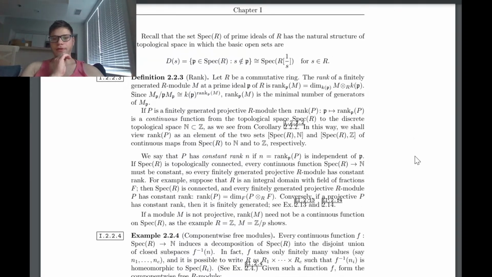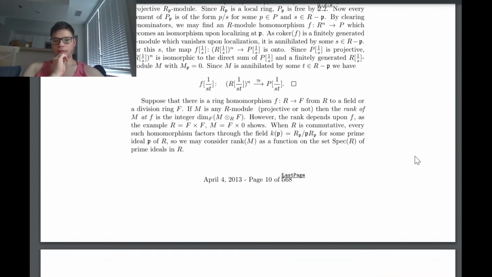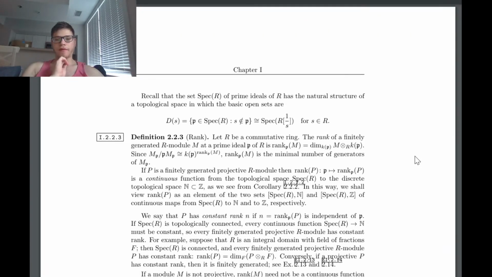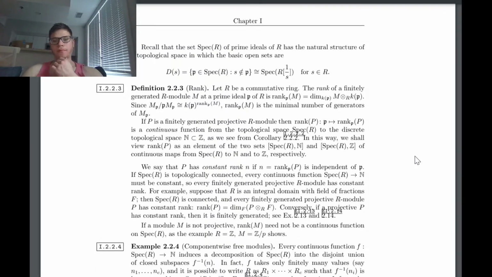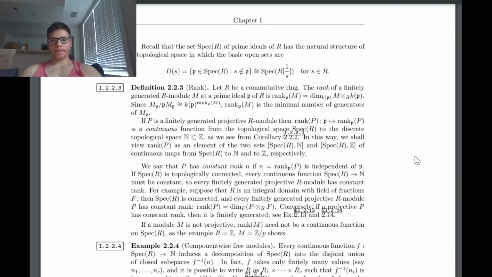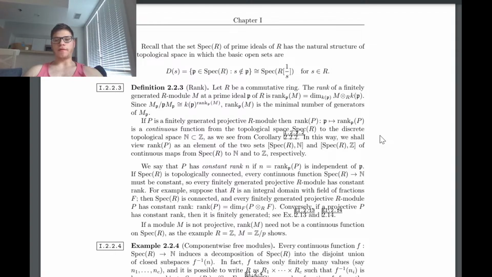So if P is a finitely generated projective R-module, then the rank is a continuous map to the discrete topological space N. We'll view rank as a continuous map from Spec R to N and Z, respectively. It's not trivial, I think, but I don't understand what projectivity has to do with it. Maybe the fact that a projective module is locally free, but I'm not sure.